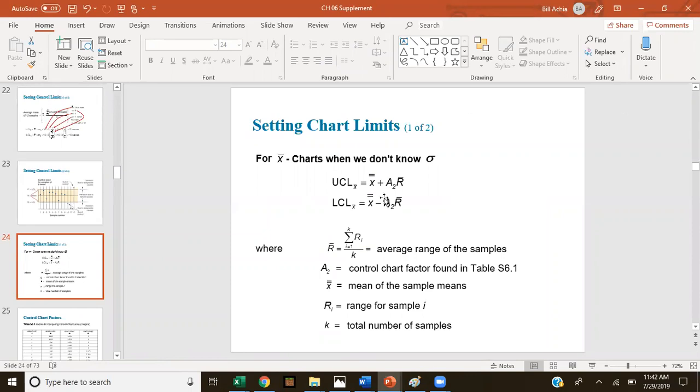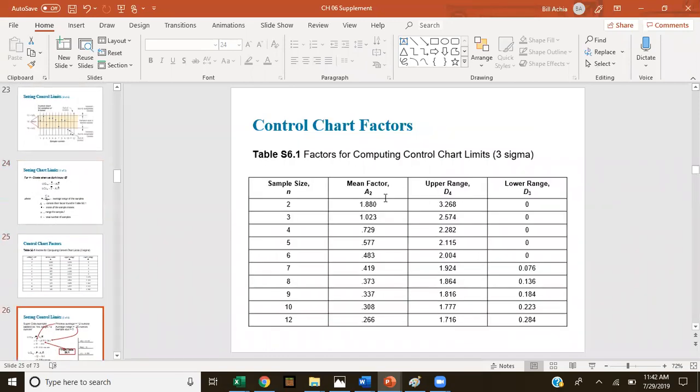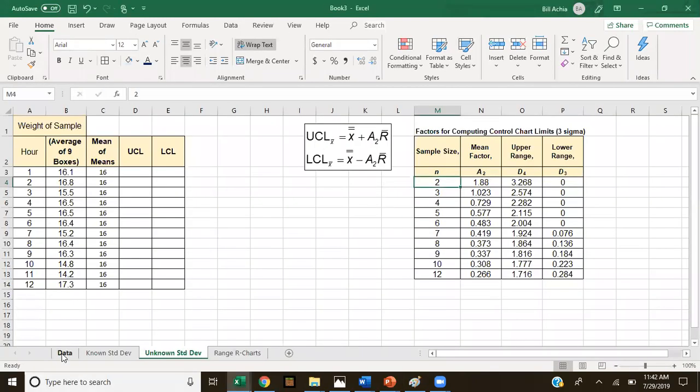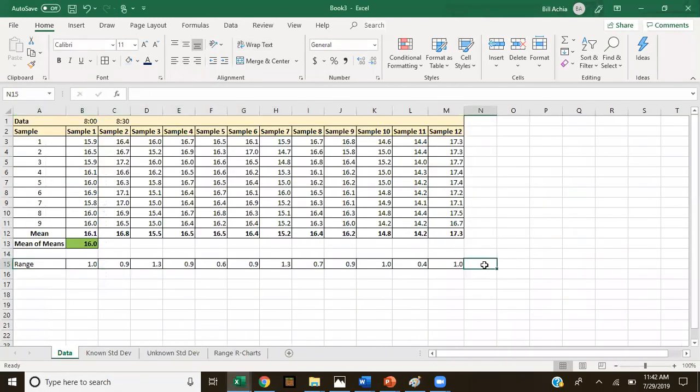If you can't remember exactly what each letter stood for, this slide gives you all the definitions, including what R is. Now, with that information, let's go back here, and I can get our average for the range, which is our R bar.